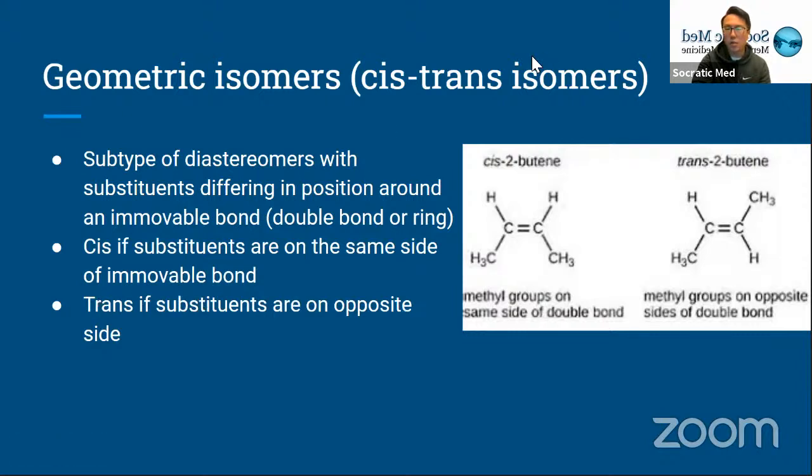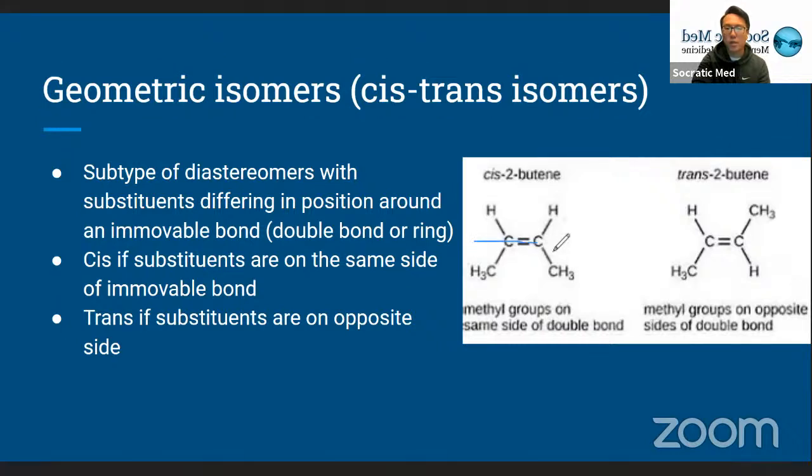When you think of a double bond, you think of it as an immovable bond. This line across is the line that differentiates whether it's a cis or a trans isomer. Since these 2 methyl groups are on the same side, this would be a cis isomer, known as cis-2-butene. But if you draw this line on the right side, the methyl groups are on different sides of the double bond, so this would be known as trans-2-butene.